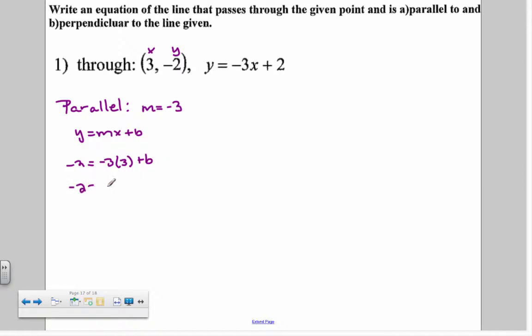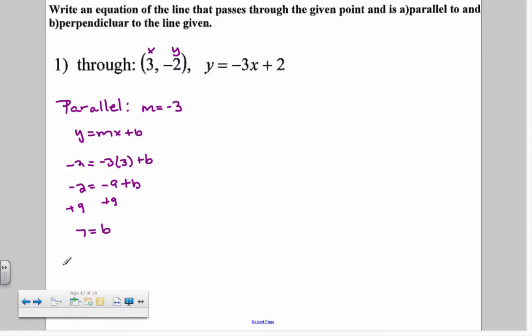Well, this side of the equation stays the same, negative 2, but I have negative 3 times 3, that's negative 9, plus b. In order to solve for b, I will add 9 to both sides. Negative 2 plus 9 is a positive 7. And I find that my b is a positive 7. So for this parallel line, my slope is negative 3, and my b is a positive 7.